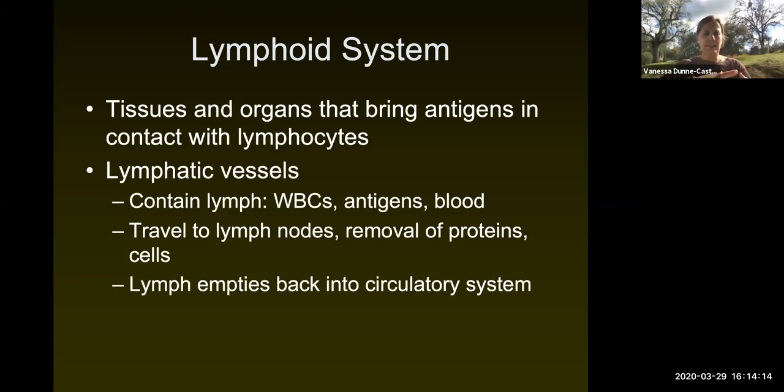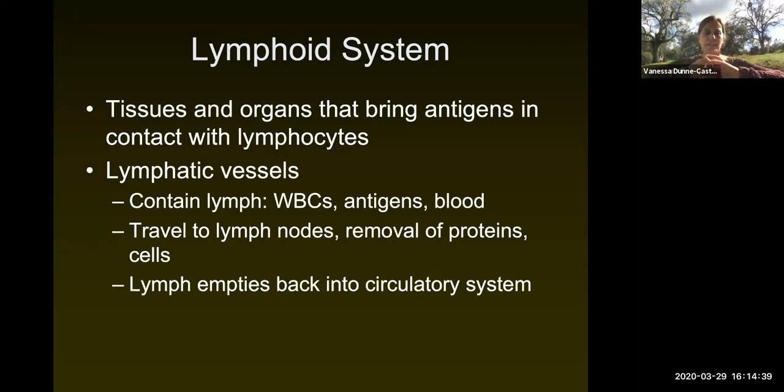So constantly things are draining from our tissue into our lymphatic vessels, and then they move through the lymphatic system and drain to these regions called lymph nodes or secondary lymphoid organs, where they pass through a filter of T and B cells, and if there are antigens in there, those T and B cells may become activated at that point.